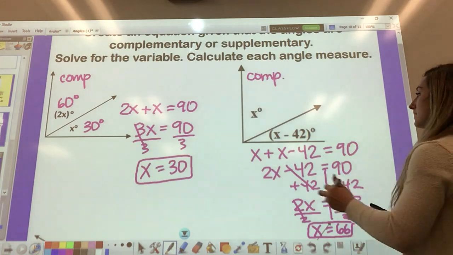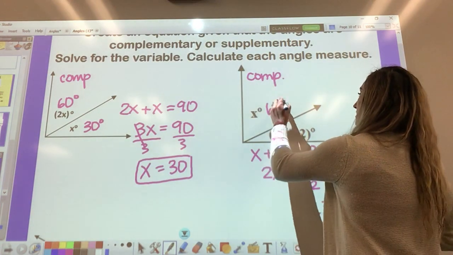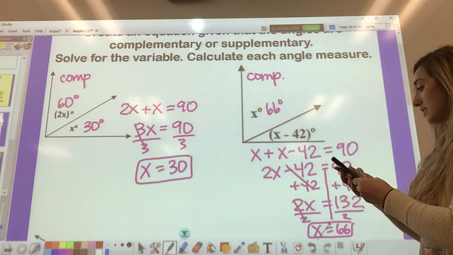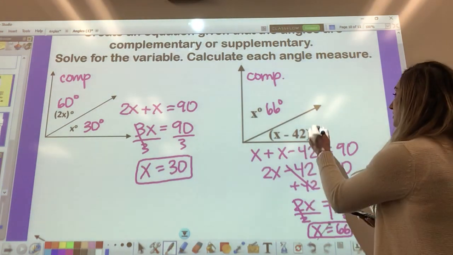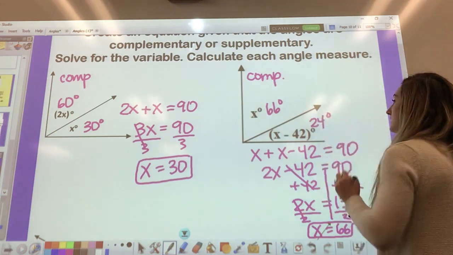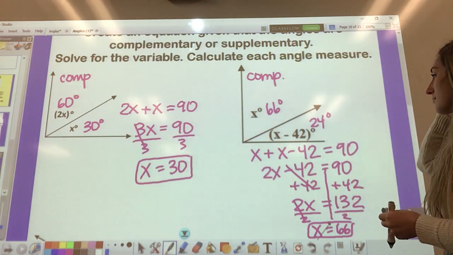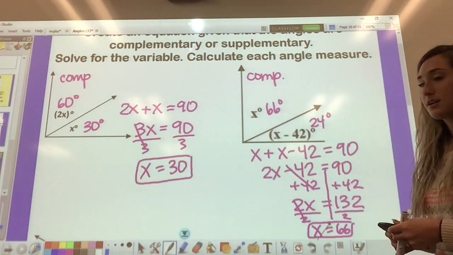So if x equals 66, that means this angle measure is 66. And this one would be 66 minus 42, which is 24 degrees. All right.